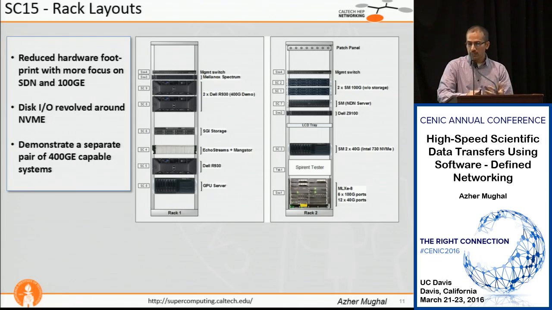So using these new silicons and chipsets in these 100 gig switches, coupled together with OpenFlow, one can really scale down the whole footprint and the energy usage of the whole environment.